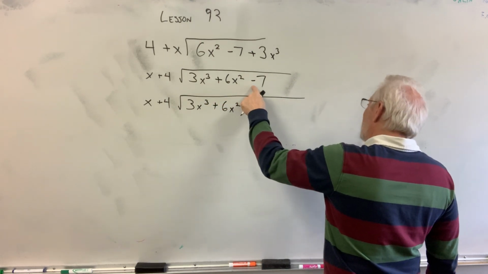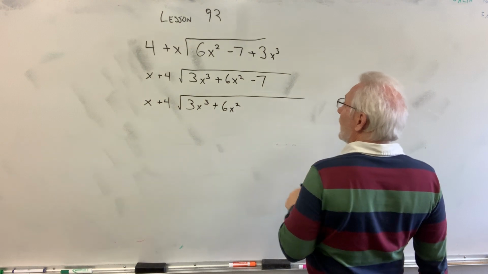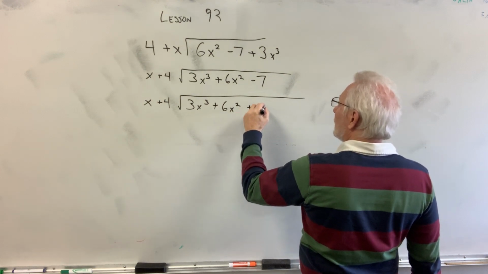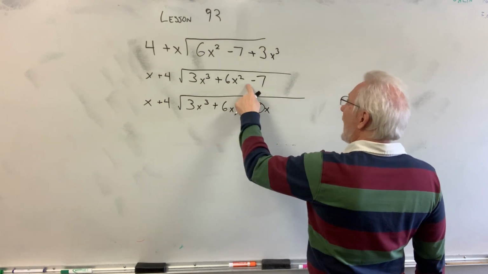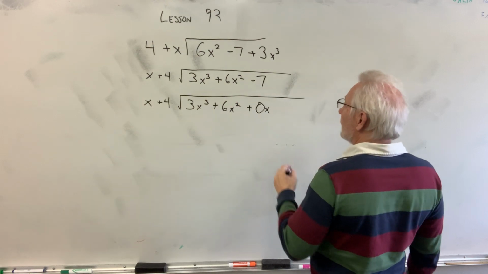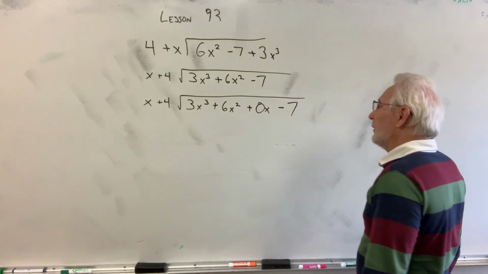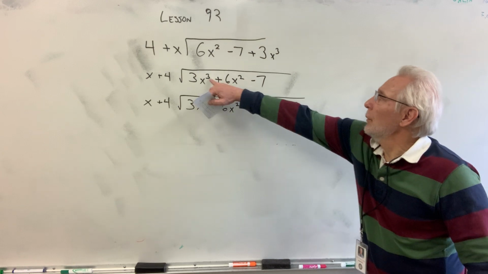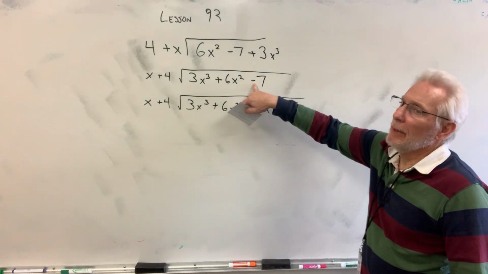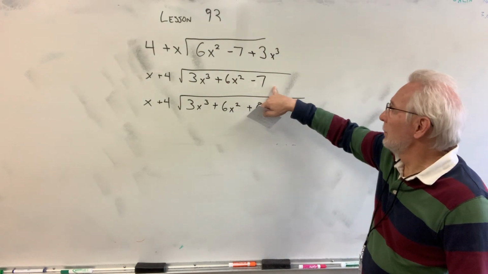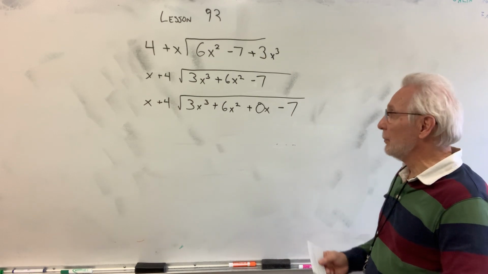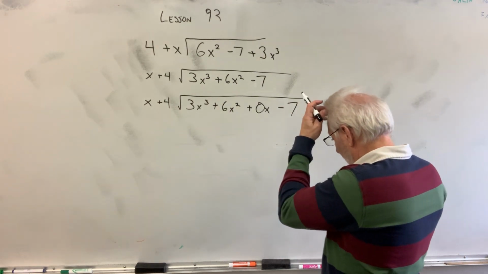But we're missing something in here. We are missing something, plus 0x. We have to have that in here or this doesn't work. Minus 7, okay? Notice we went 3, 2, we didn't have our 1 before we got to 0. And it has to be there. So hopefully you caught that right away.